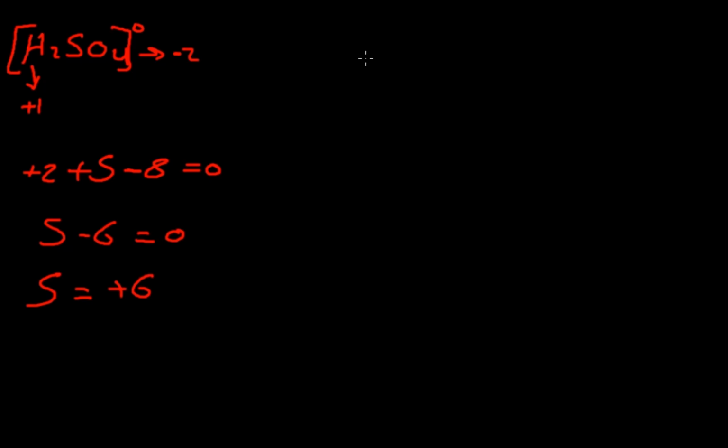Let's take another example. HClO4. This is perchloric acid. You see here the hydrogen most likely is positive 1, and the oxygen here -2 oxidation state.